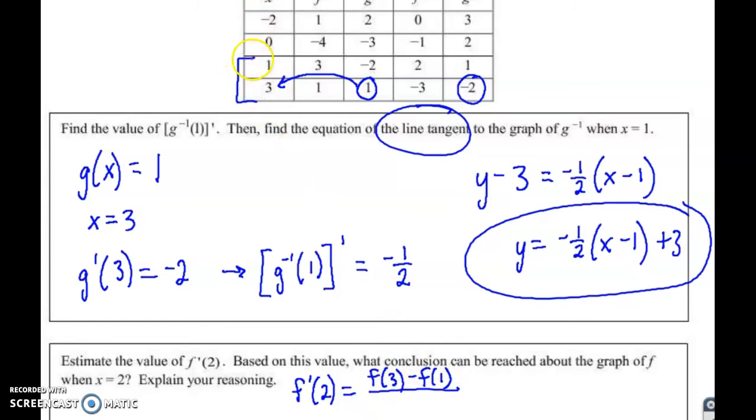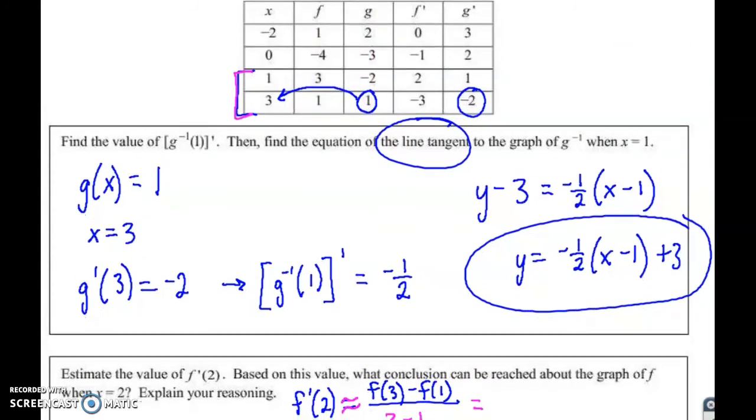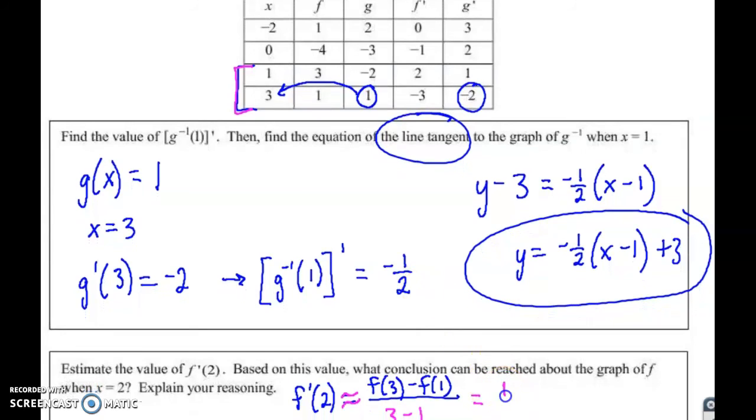Over 3 minus 1. Well, f of 3, I should use squigglies as well because it's approximate. F of 3, I believe, is 1. Minus 3 over 3 minus 1. So we're looking at negative 2 divided by 2, or roughly negative 1.